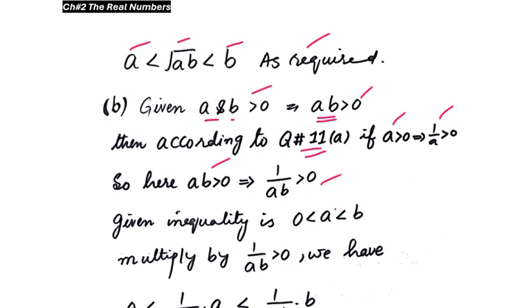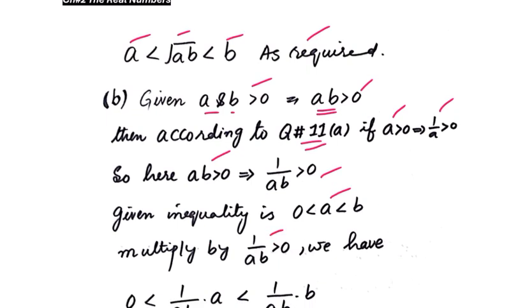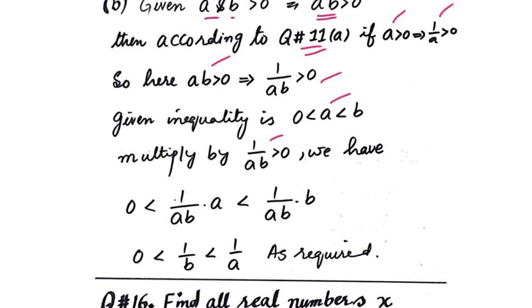Given inequality is 0 less than A less than B, multiply by 1 over AB greater than 0 on both sides. This gives 0 into 1 over AB, 1 over AB into A, 1 over AB into B. By cancelling out A, because A is positive, so there is no chance of 0 over 0 form. This becomes 1 over B less than 1 over A as required.